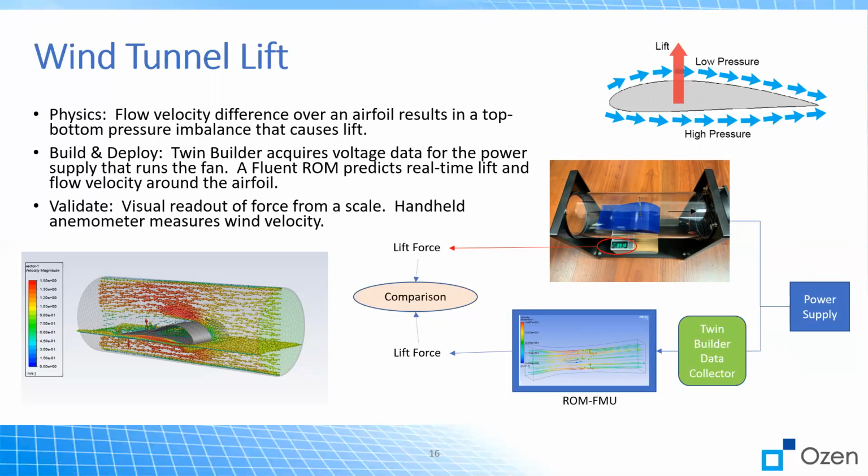And we send the data from the power supply also to the twin builder, and from there we were able to calculate or predict the amount of lift force. And at the end, you can compare these data with each other.